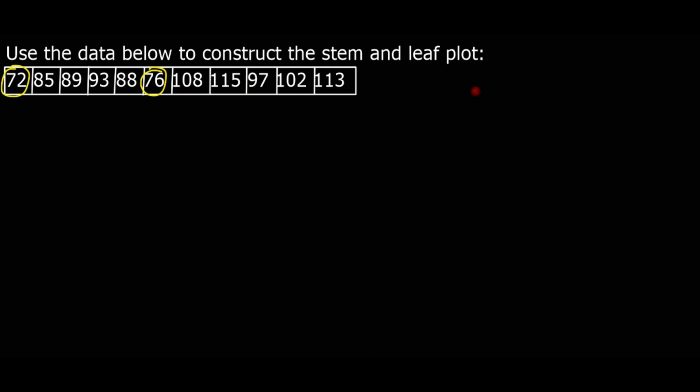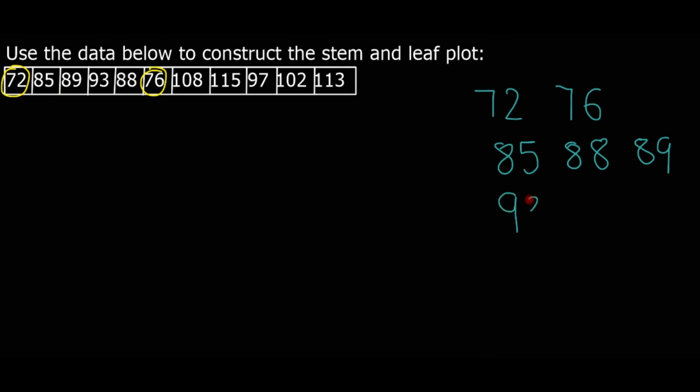So I have 72, and then 76, and then the next is 85, and then 88, and then 89, and then next it's 93, and then 97.